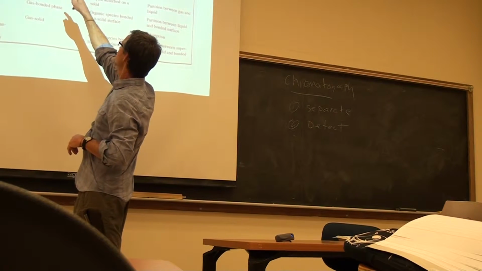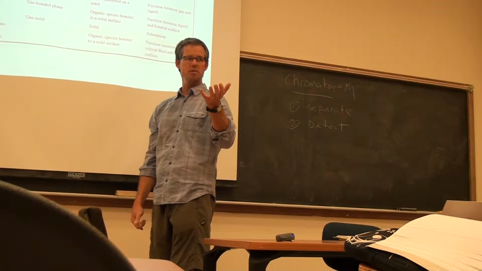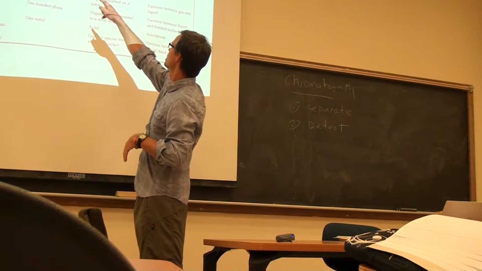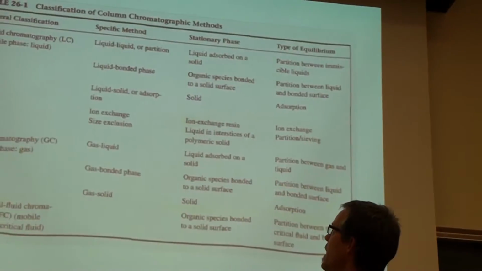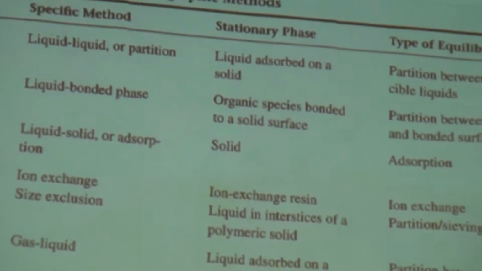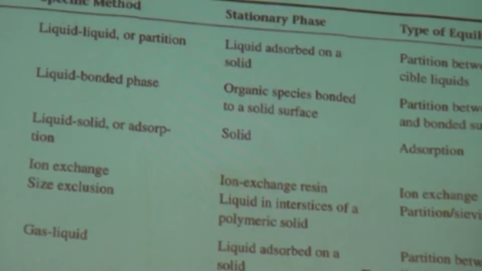And if you look at the methods for liquid chromatography, you could have liquid-liquid, like that extraction method that some people had proposed in this class. Right? You can have liquid in a bonded phase. Right? You can have liquid-solid or adsorption, ion exchange, size exclusion, many different variations of that. And they all come with different kinds of stationary phase.